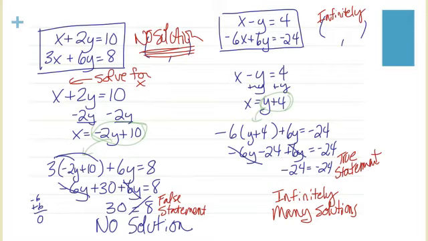Infinitely many solutions. So anything that would work in the first one, like (4, 0), would also work in the second one. (0, -4), that would work in both of them also. Anything that works in the first one will work in the second one. It's one line. Everything in the bottom one has just been multiplied by -6, right?